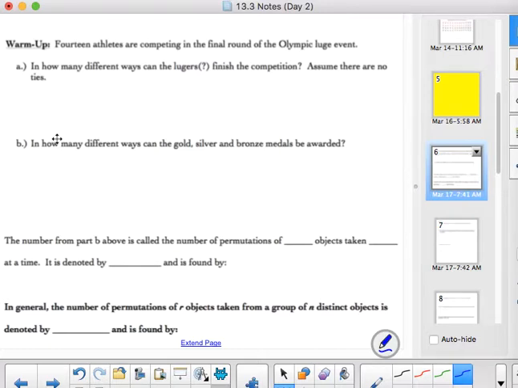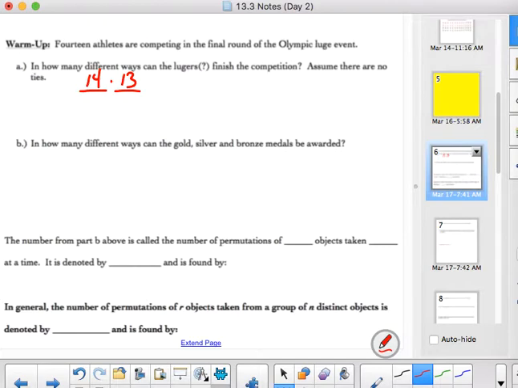Yesterday we talked a little bit about factorial. This idea that if I think about the number of possibilities for the first place to finish, there are 14 possibilities there. To count the second place people, if we've already picked one for the first spot, then there are only 13 more that could fill out second place.